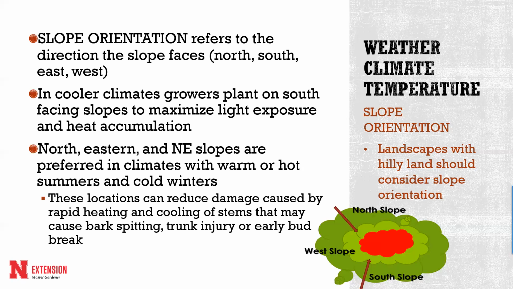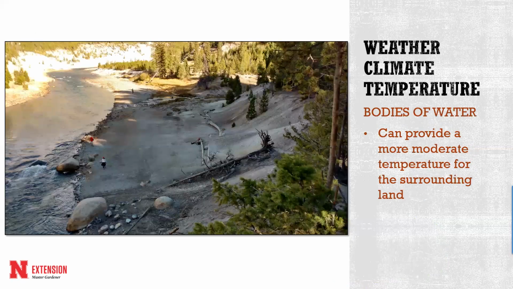So you're warming up a little bit slower. You're going to have fewer problems with bark splitting, trunk injury, or early bud break when you are slowing down that warming in the seasons through planting on a hilly side and using that slope orientation to your benefit.